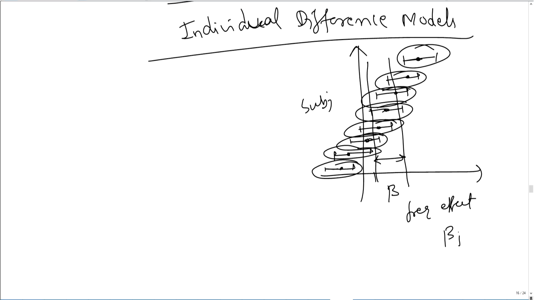But this is important for the reasons that I told: it is more theoretically informative. It can inform theories much more than just the average behavior approach, because average behavior can be misleading sometimes, or it can be less informative. Second, this is our ultimate goal. We want to build theories at the individual level.